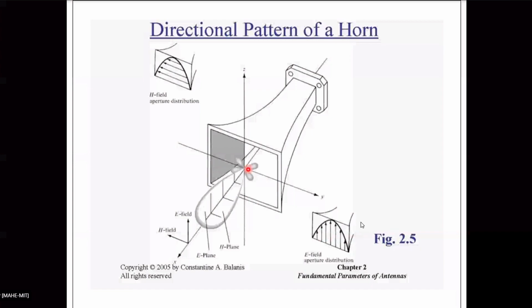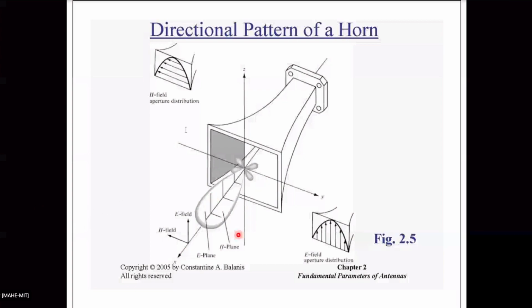So this is the radiation pattern of the horn antenna. Instead of theta is equal to constant and phi is equal to constant planes, he is explaining the E plane and H plane. What is the E plane? The plane containing the electric field and the direction of maximum radiation, basically this vertical plane.